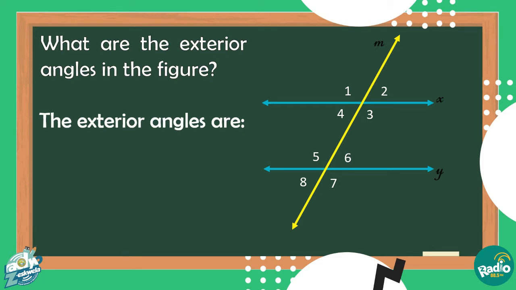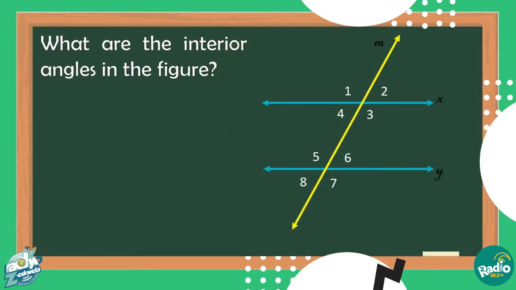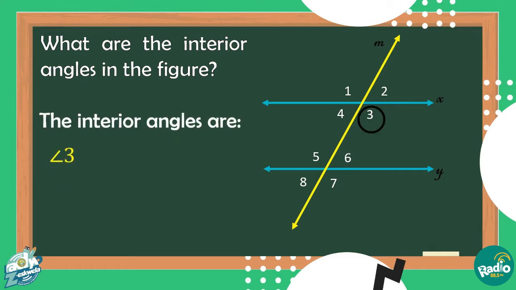The exterior angles are angle 1, angle 2, angle 7, and angle 8. Remember, exterior angles means outside, outward. Next, what are the interior angles in the figure? We have angle 3, angle 4, angle 5, and angle 6. Please differentiate these two angles, interior and exterior angles.